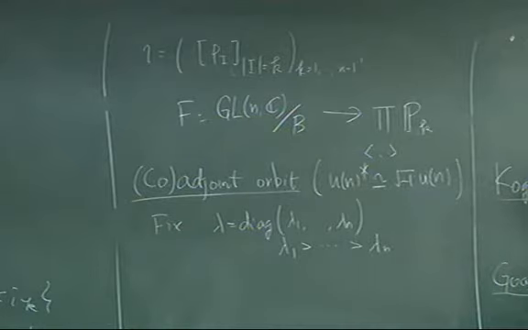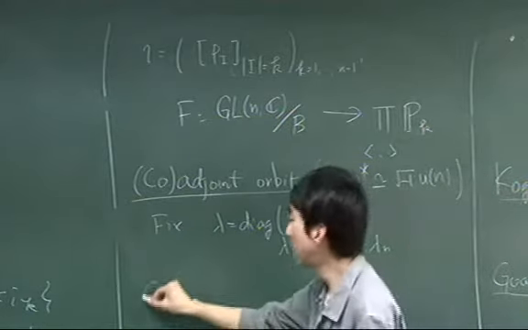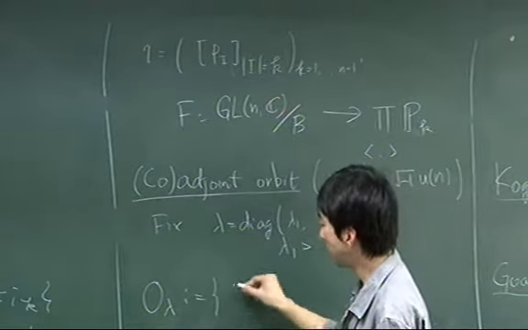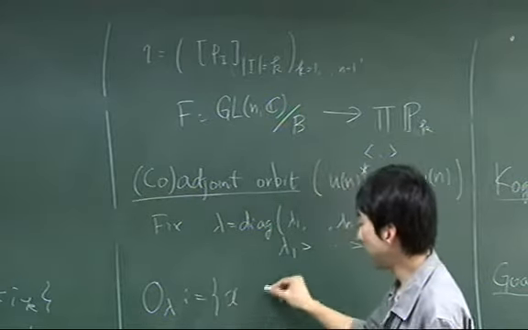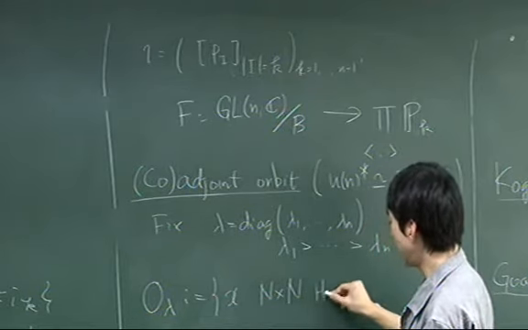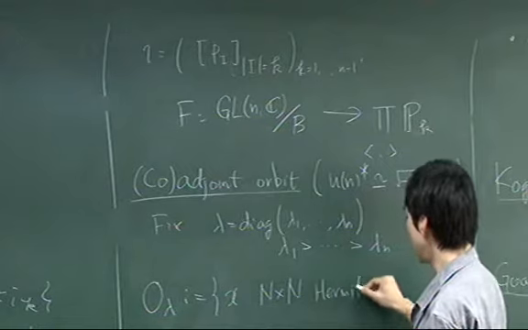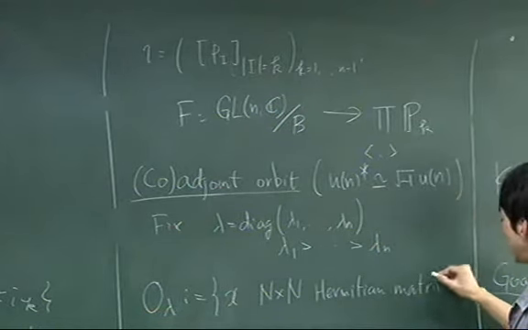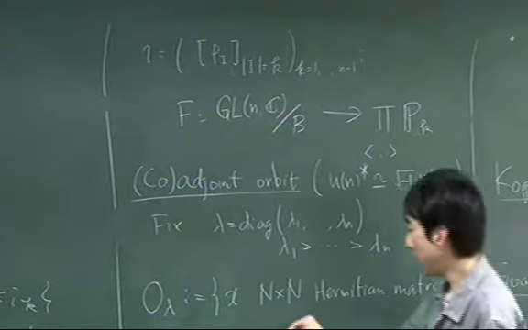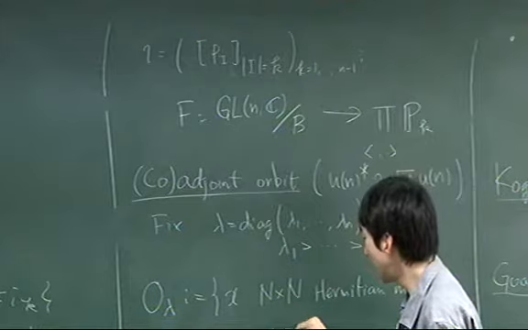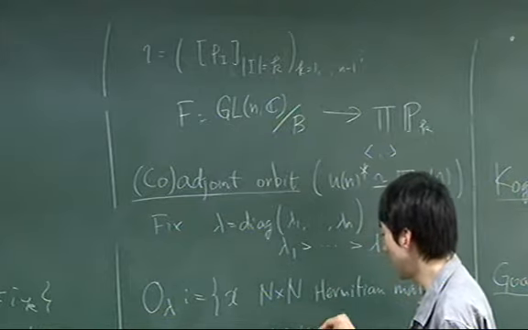And we define O_lambda to be the space of n by n Hermitian matrices with fixed eigenvalues lambda_1 to lambda_n.